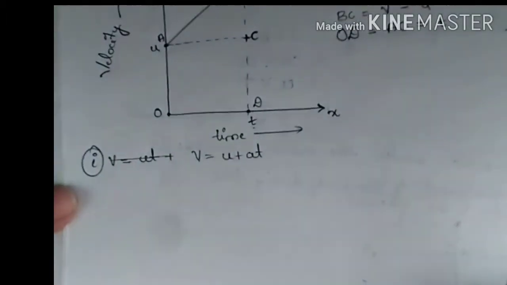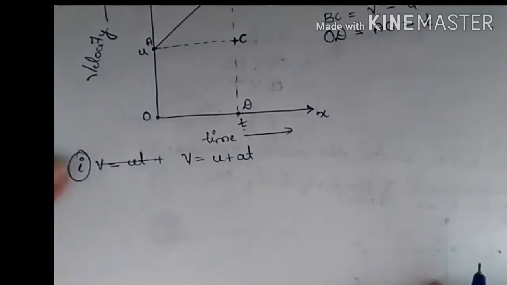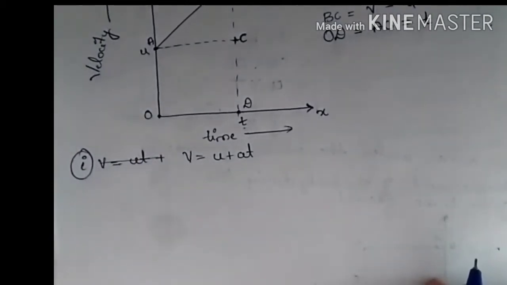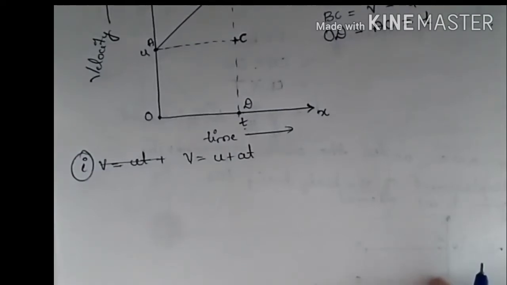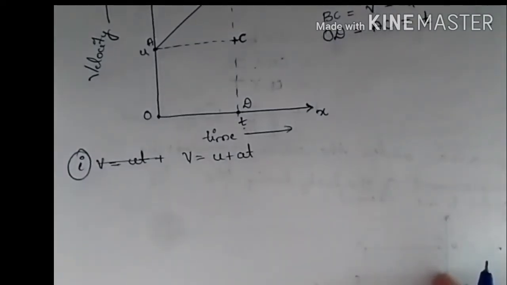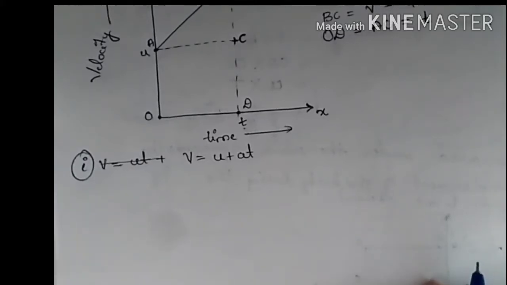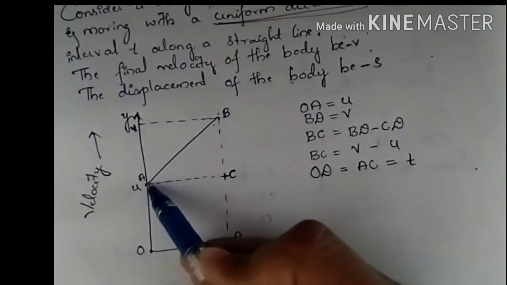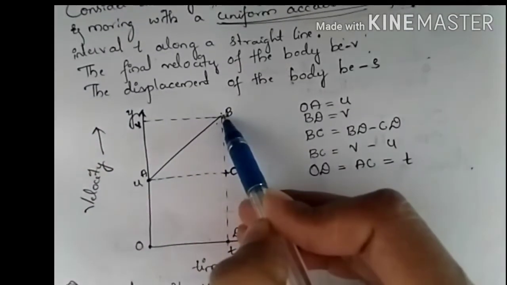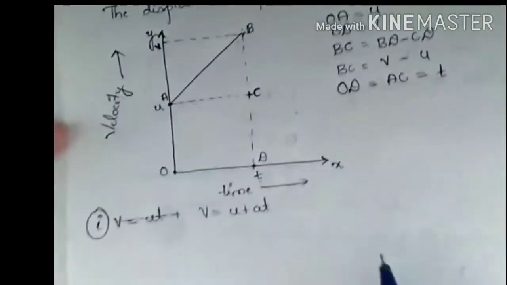This is the first equation that you have to derive from the graph given above. The acceleration of the body is always equal to the slope of the line or straight line in the velocity time graph. So here the slope of the line AB will give you the acceleration of the body.